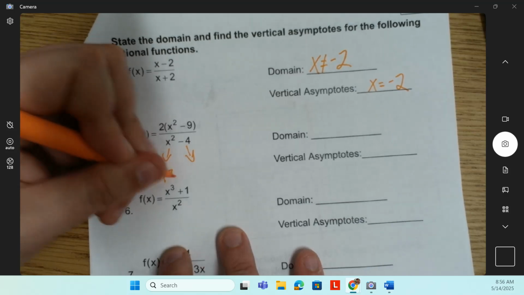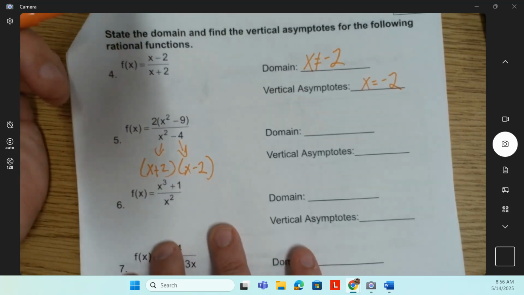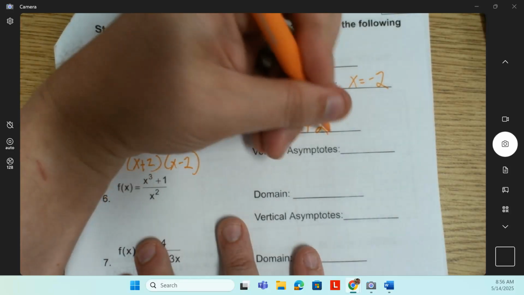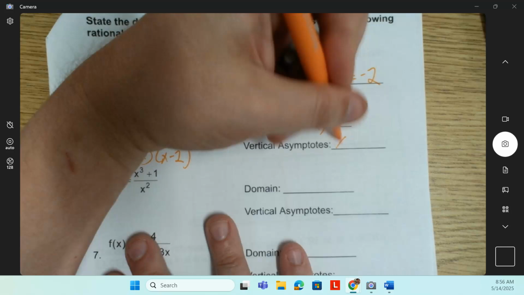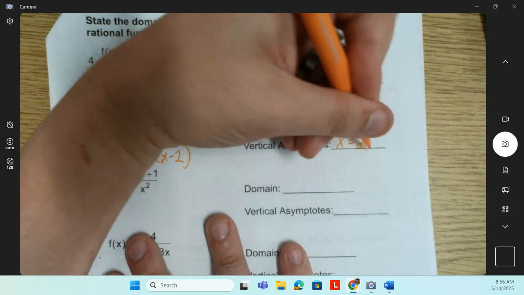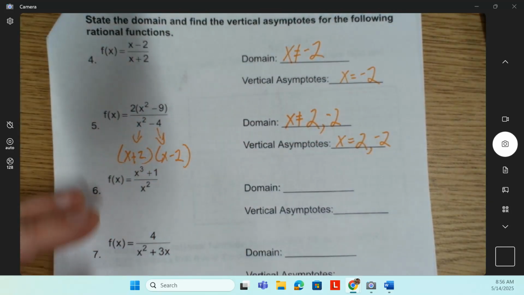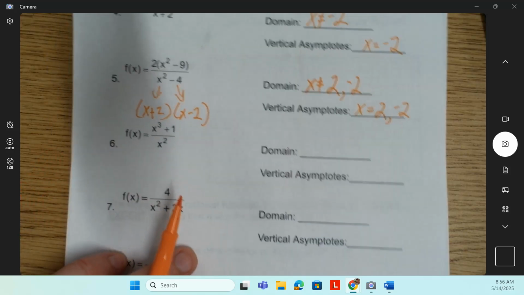So (x + 2)(x - 2). And the way that we'd write that, domain: x is not equal to 2 and negative 2. Vertical asymptote would be x equals 2 and negative 2. Okay, the rest is just factoring. That carries on the same throughout.